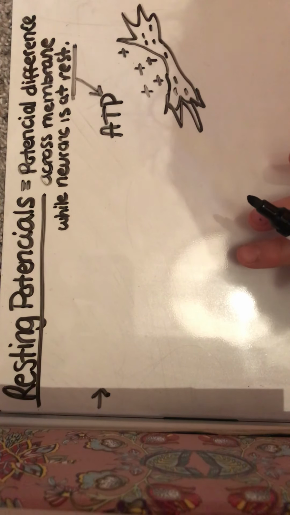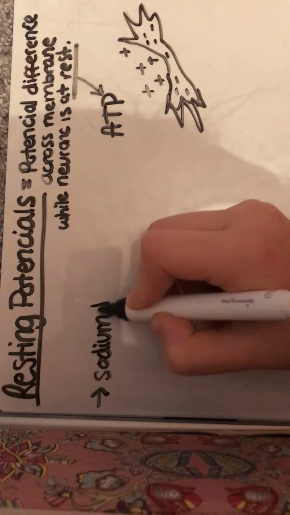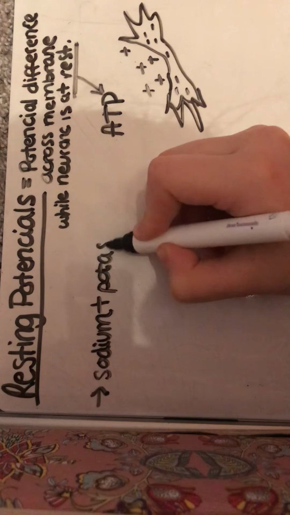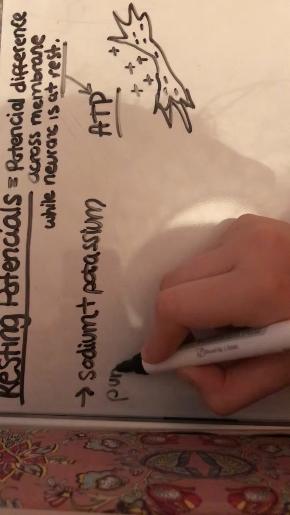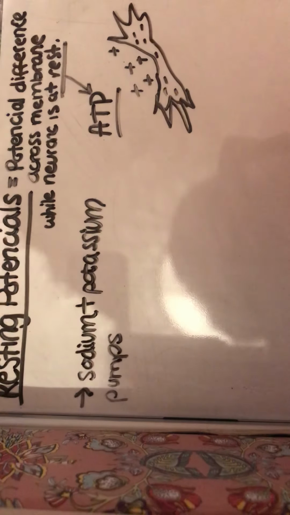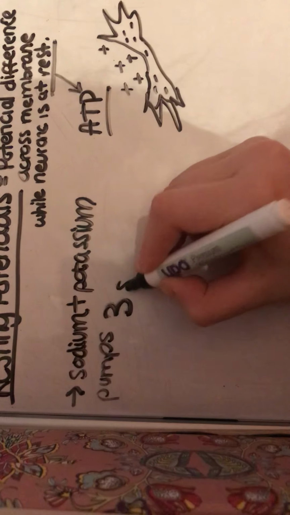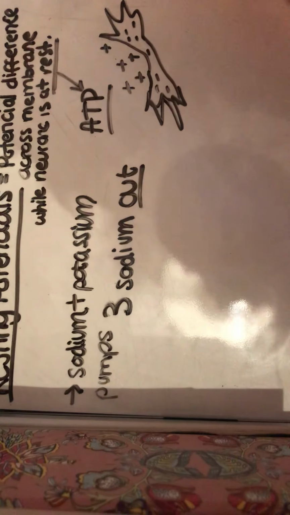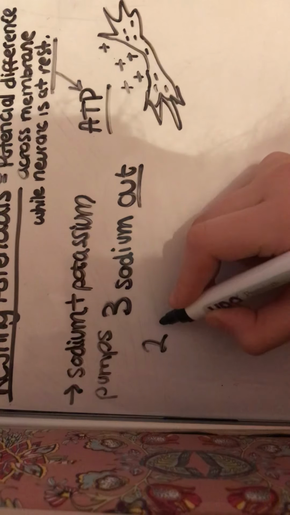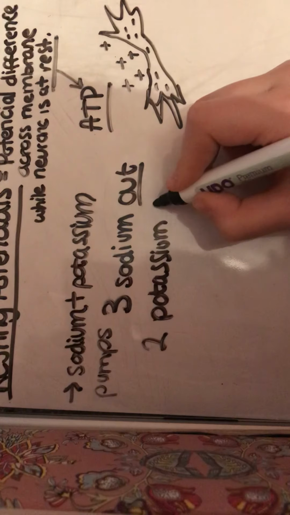So, using sodium and potassium pumps, which again use our ATP, we are pumping 3 sodium ions out for every 2 potassium ions pumped in.